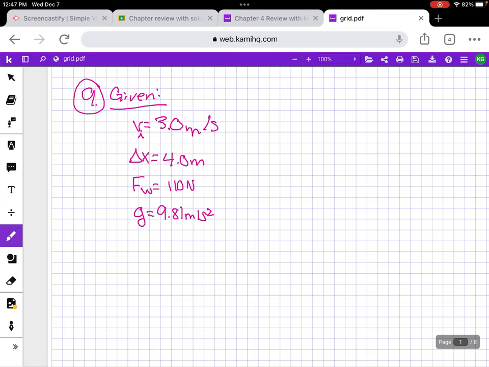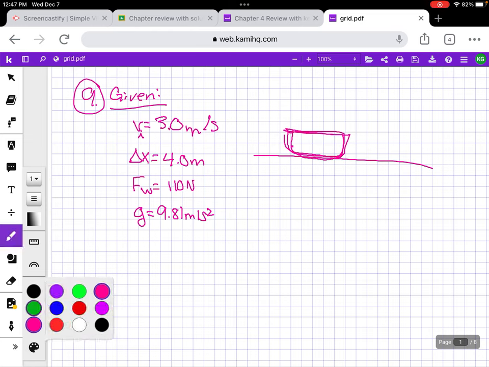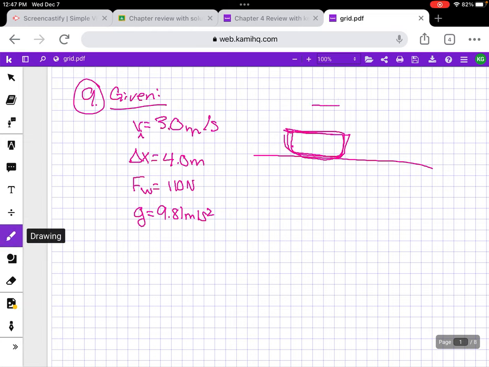Alright, so let's draw our picture. We have our flat surface. My sled is going to be just a bucket here. Okay, I'm going to change my color just to show that the sled is actually traveling. Oh, yep, that didn't pan out, did it? So, v of 3.0 meters per second.